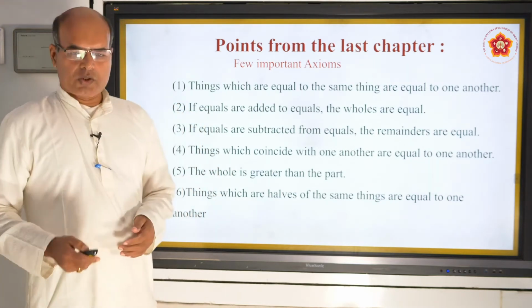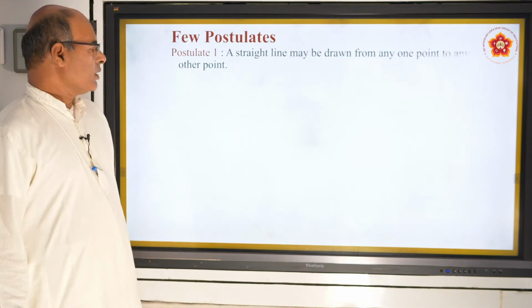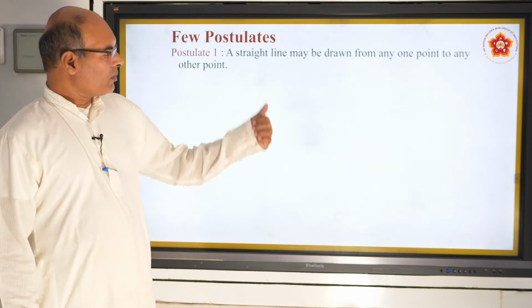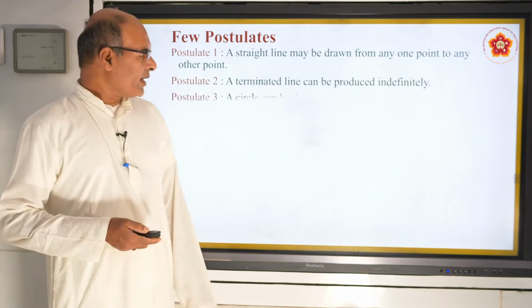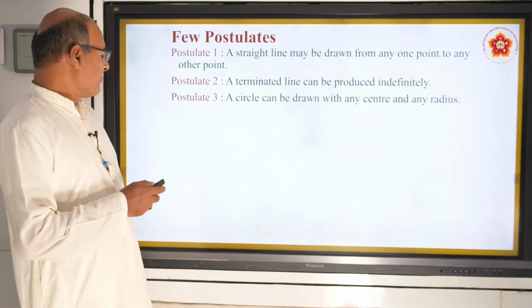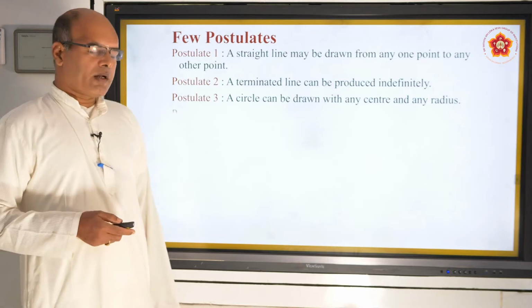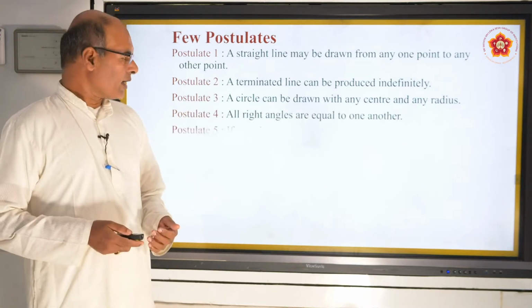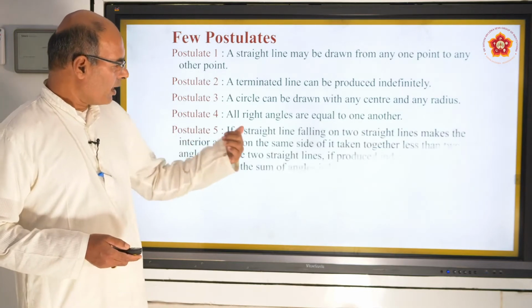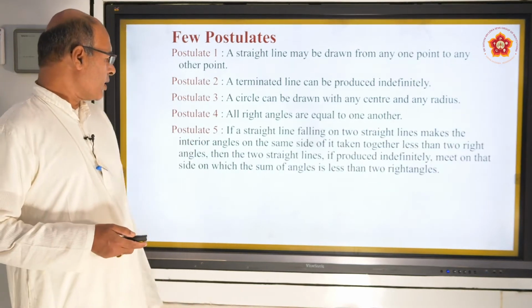Let us look at some postulates. Postulate one: a straight line can be drawn from any one point to another point. A terminated line can be produced indefinitely. A circle can be drawn with any given center and any given radius. All right angles are equal to one another.